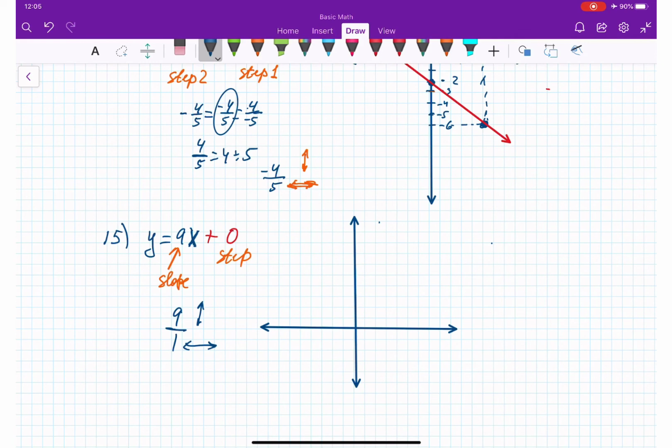Okay, so this is my 0. Now let's go up by 9: 1, 2, 3, 4, 5, 6, 7, 8, 9. This is 9, and we go positive 1.